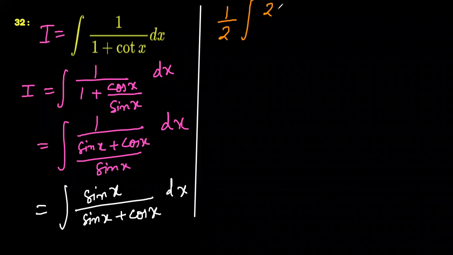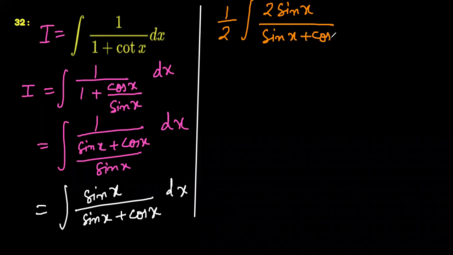Now the numerator becomes 2 sin x, and this 2 I have written outside the integral sign, and the denominator sin x plus cos x is as it is. My purpose is to write the derivative of the denominator in the numerator, and we know the derivative of sin x plus cos x is cos x minus sin x.